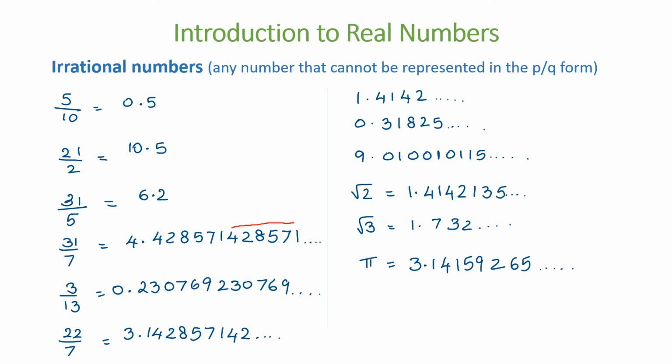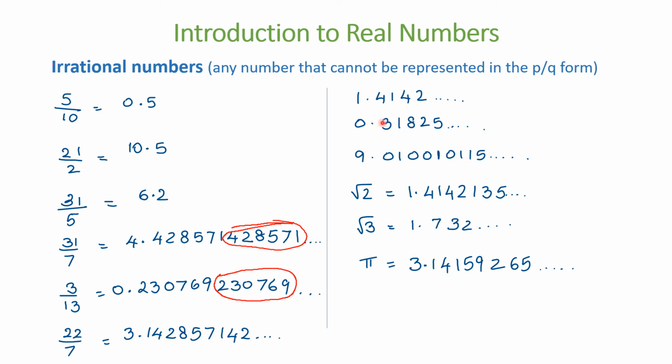So there is a repetition of 428571. In this one, 3 by 13, 0.230769, 230769, these digits are repeating. And 22 by 7 you have 3.142857 and again 142, dot dot dot. You observe these numbers are the recurring numbers.